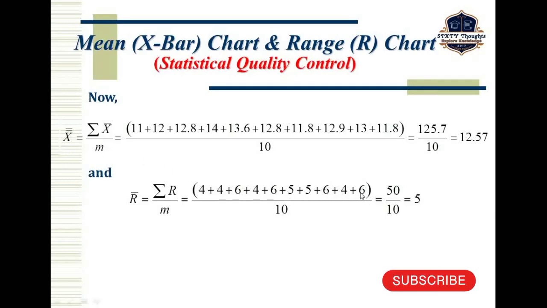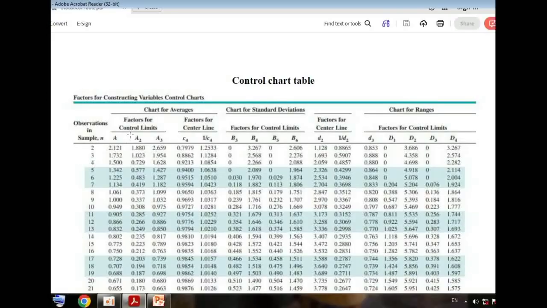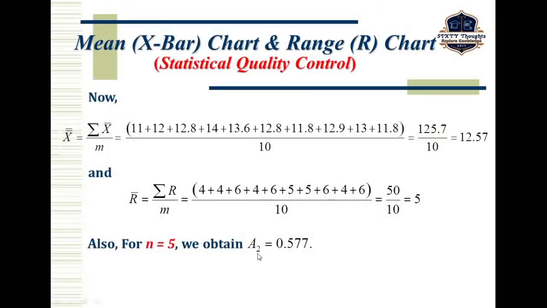We have 10 sample ranges, so 50 by 10 equals 5. We also find the A2 constant for n equal to 5. From the statistical table of constant values A2 for different values of n, we get A2 equal to 0.577.